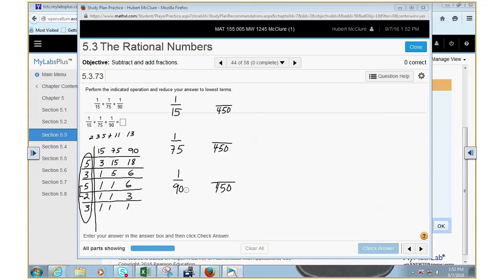And 90 will go into 45 5 times, 5 times 1 is 5. 75 will go into 45 6 times, 6 times 1 is 6. 15 will go into 30, 30 times 1 is 30, plus 6 is 36. 36 plus 5 is 41.